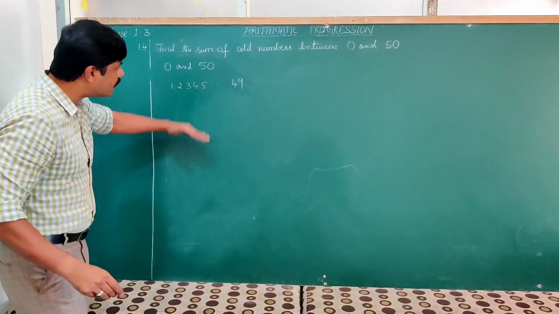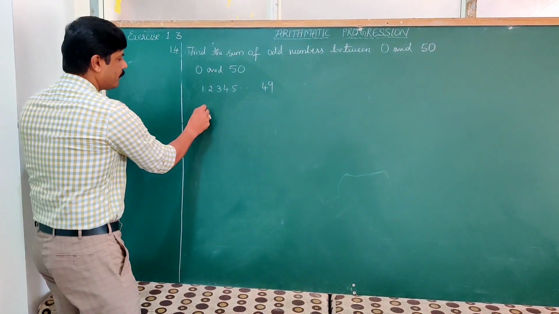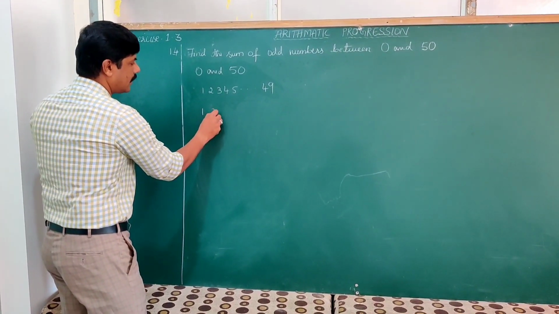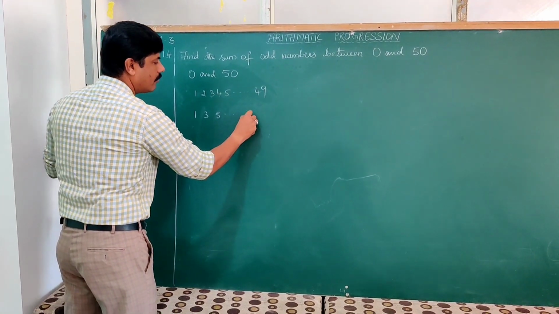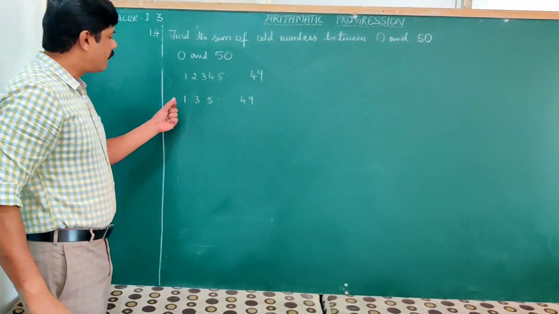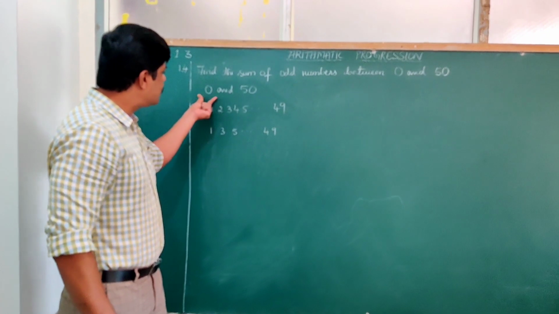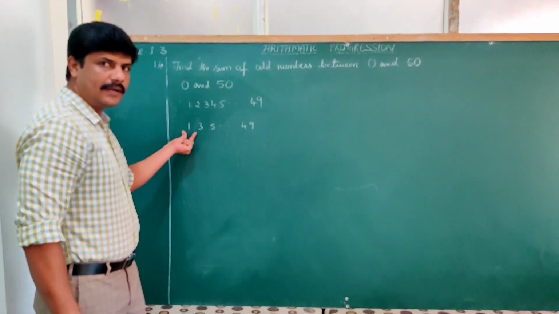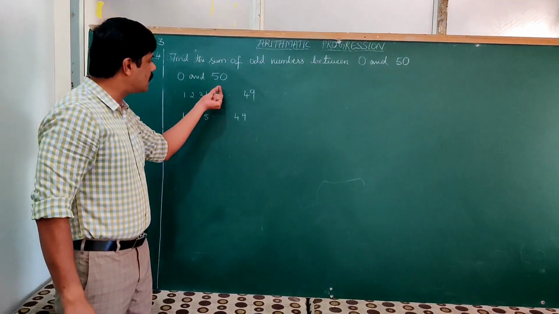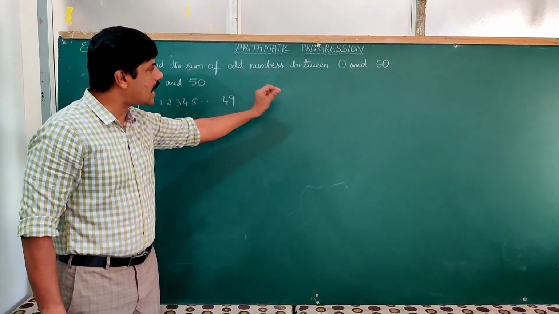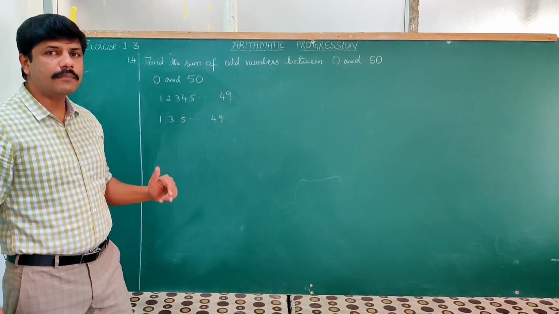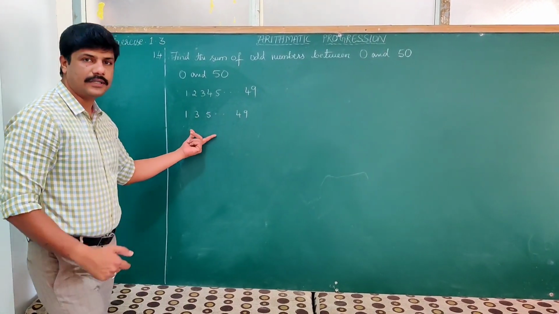Which are the odd numbers in this? 1, 3, 5, etcetera, up to 49. First odd number between 0 and 50 is 1, and the last odd number between 0 and 50 is 49. Okay.